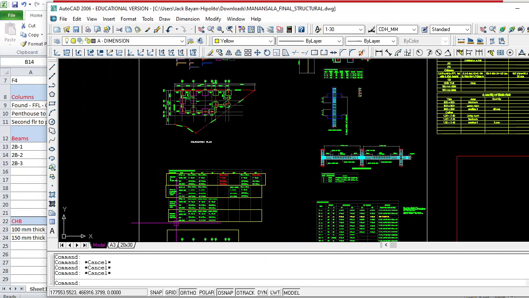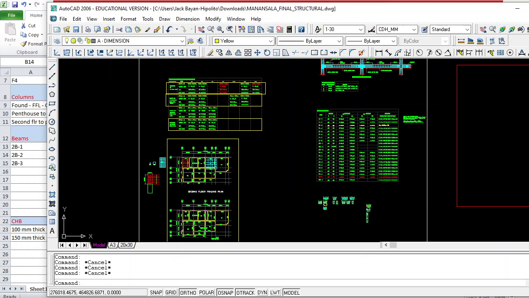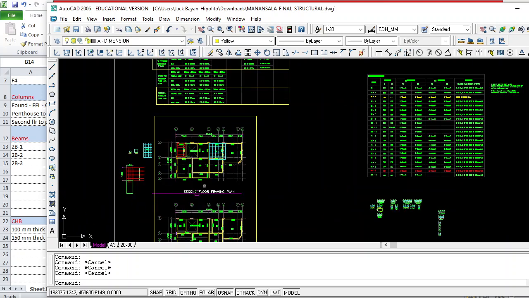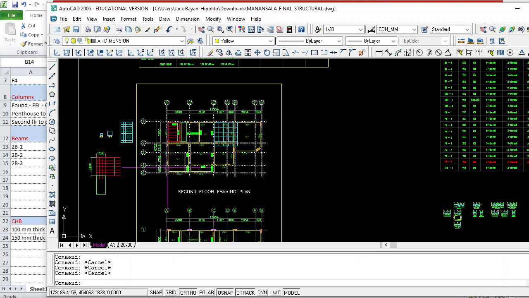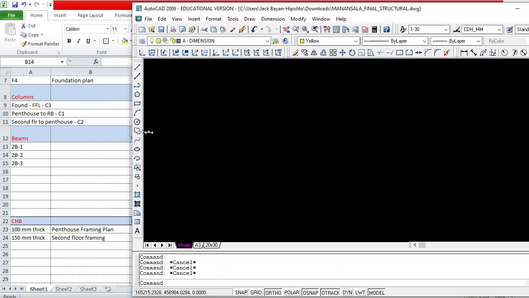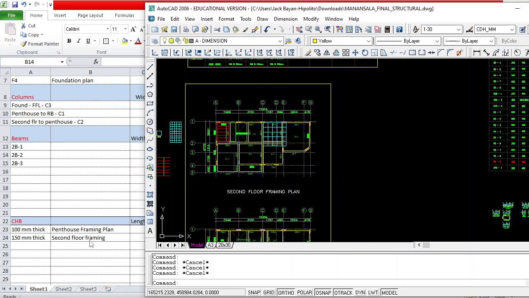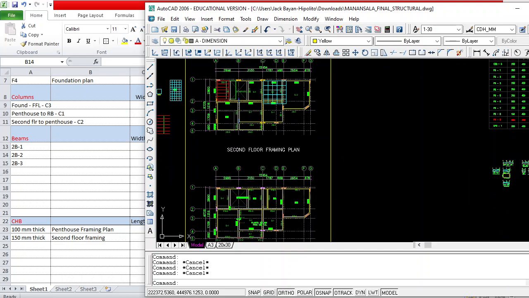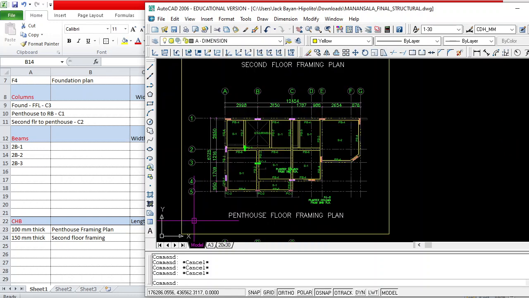Then, punta ngayon tayo dun sa anong gagamitin mong CHB. Okay? Dito, you have second floor framing plan. For your second floor framing plan, you will be using 100 mm thick. And then, for your penthouse framing plan, you will be using 100 millimeter thick.